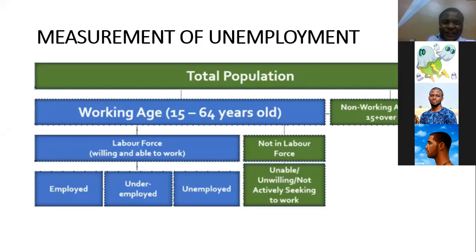Within that working age, again, we have the labor force. Those are willing and already able to work. Then we have those that are not in the labor force. Those are not willing, even if they are able to work.